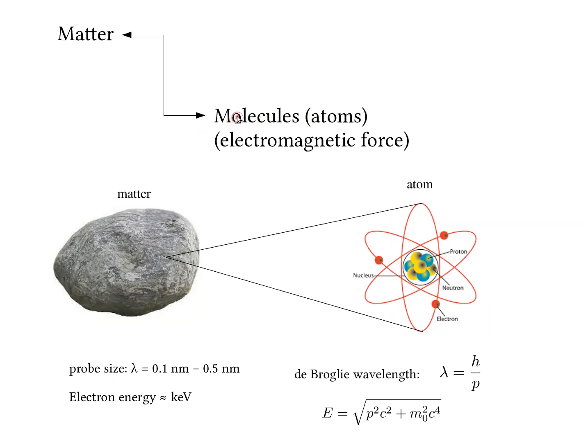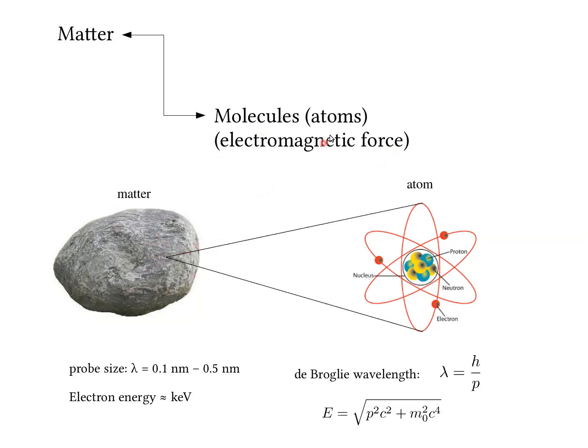These molecules are formed by chemical bonding of these ions. The force involved in the chemical bonds is the electromagnetic force between the charged ions. So atoms bind together to form matter, and at that level the force involved is the electromagnetic force.